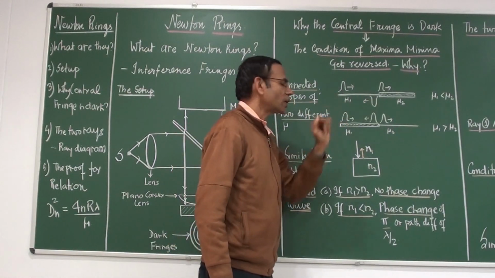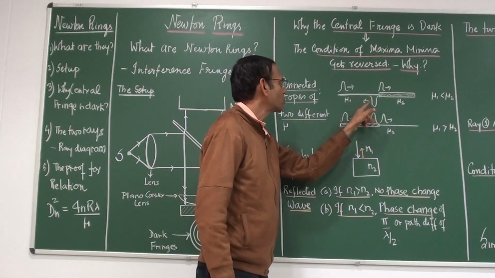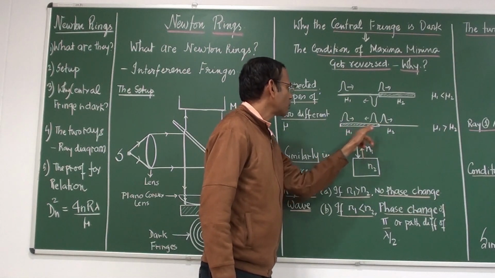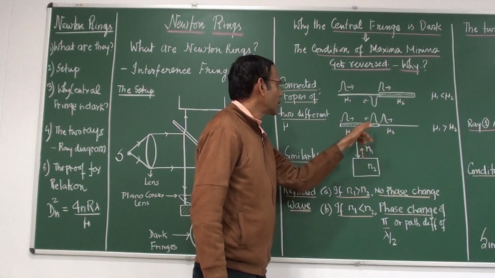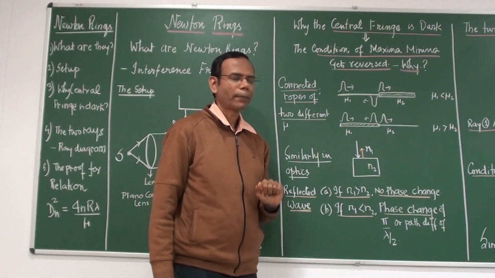The reflected wave undergoes a phase change of pi. If it is the other way around, that is mu1 is greater than mu2, then the reflected wave will not undergo a phase change of pi.